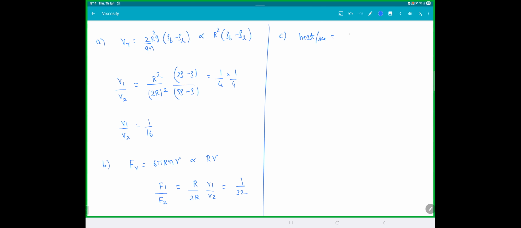Heat per second is nothing but F viscous into velocity. So H1 by H2 will be F1 by F2 into V1 by V2. That's what I said, if you want this, you need to do the first two parts. So this is 1 by 32 and this is 1 by 16. That's 1 by 512.